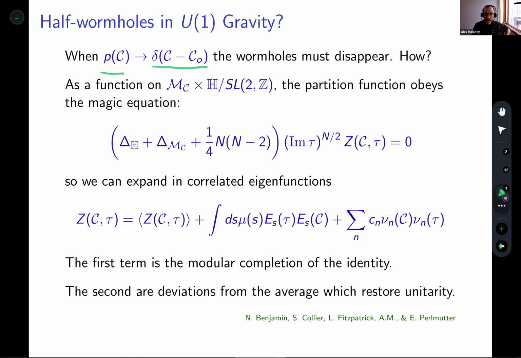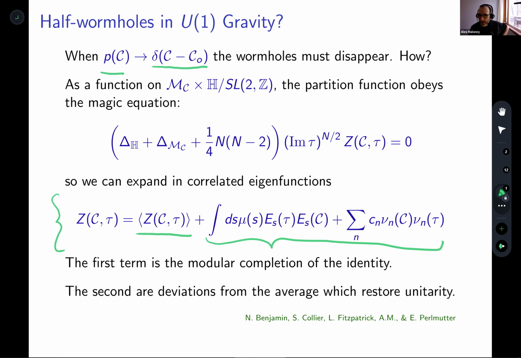In particular, one can write down the partition function of an exact system of n free bosons, and you can write it as given by its averaged value plus a bunch of corrections. Here I've written down those corrections in terms of some Eisenstein series, some cusp forms and so on, which you can think of as the deviations from the average that would end up restoring unitarity.